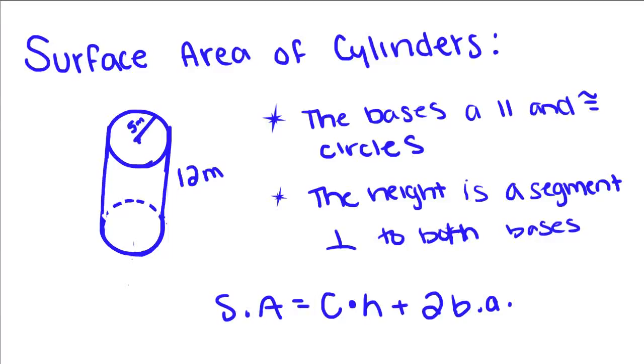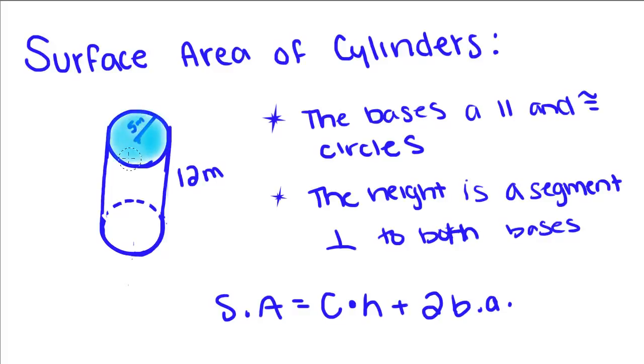So, we're going to talk about surface area of a cylinder. First of all, a cylinder is a three-dimensional shape with the bases parallel and congruent.